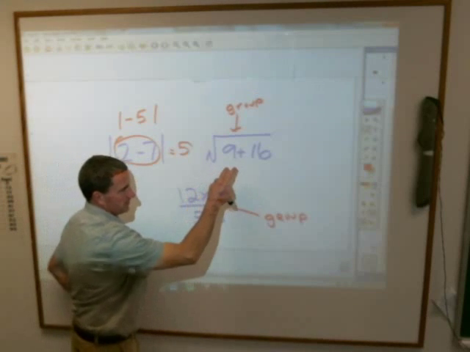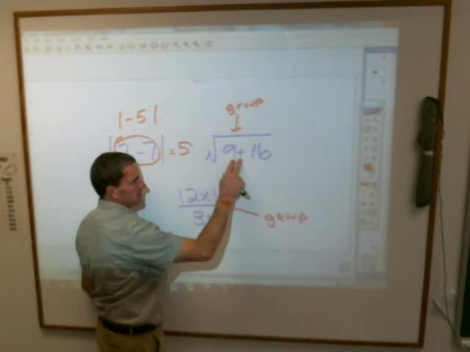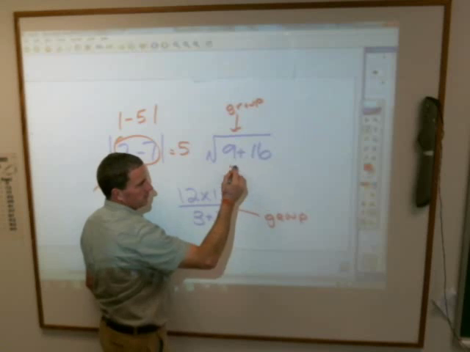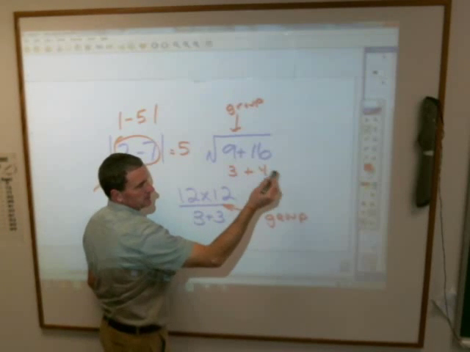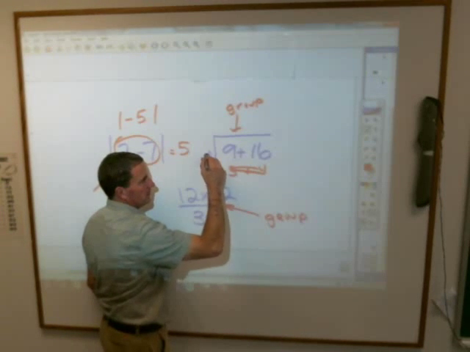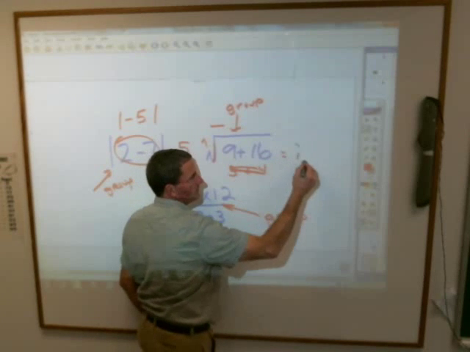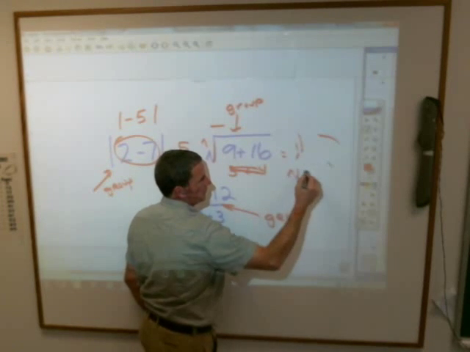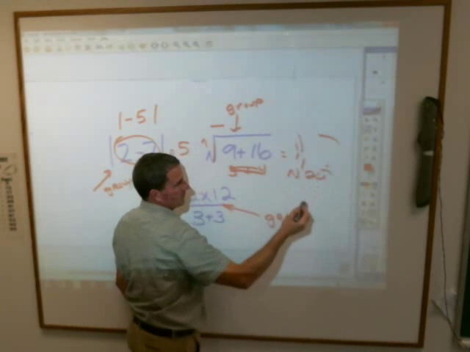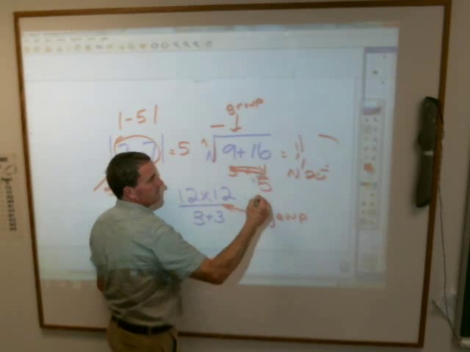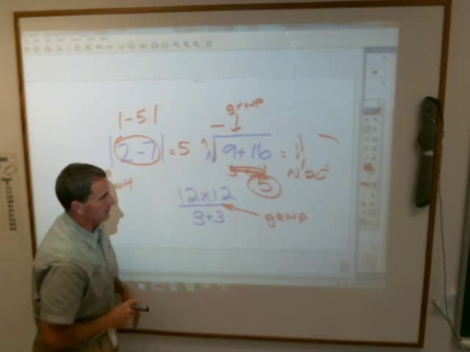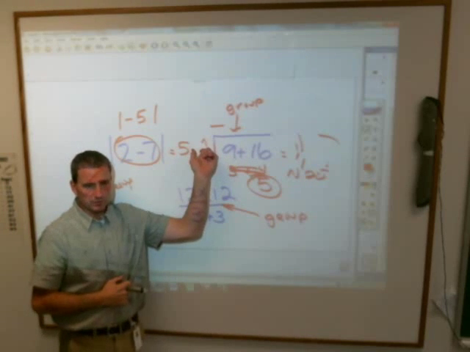The same thing with this, okay? You don't take the square root of 9 and get 3, and then the square root of 16 and get 4 and say the answer is 7. You think about this as a grouping symbol. Well, 9 plus 16 is, wow, the square root of 25, and the square root of 25 is 5. You have to do what's inside of it first before you do that.